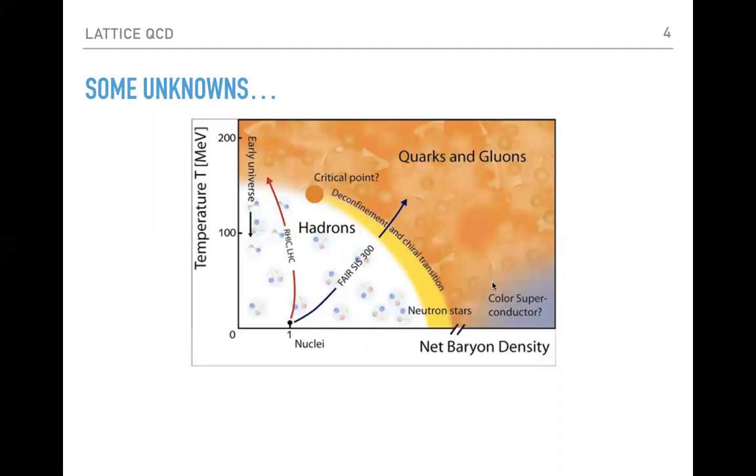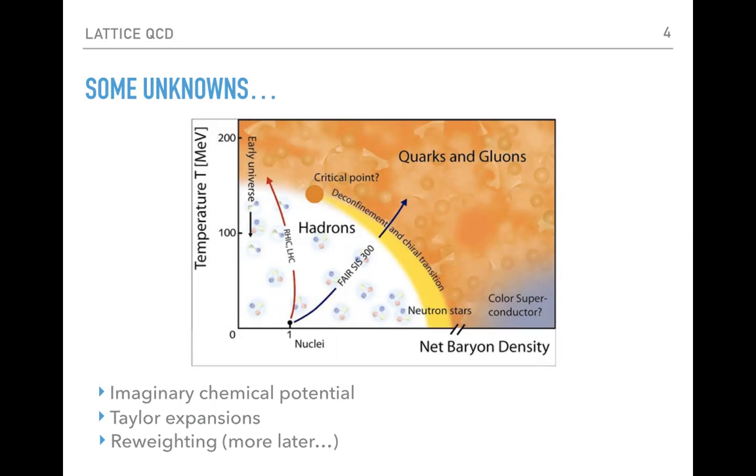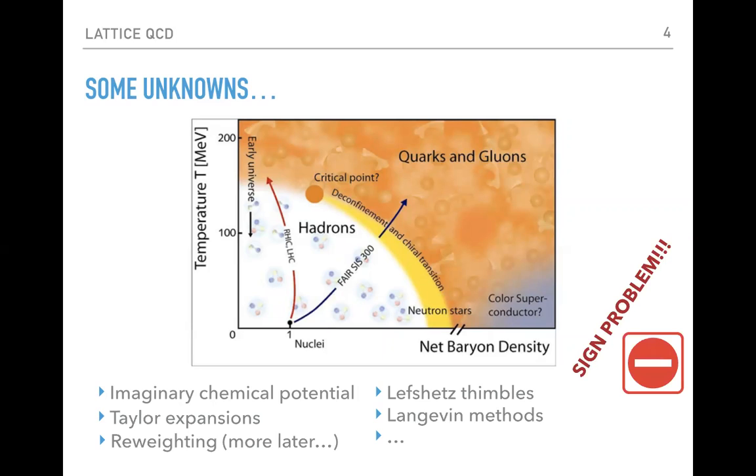People have come up with workarounds: imaginary chemical potential, Taylor expansions, reweighting, Lefschetz thimbles, Langevin methods, and a lot of other things. But ultimately, they are faced with the so-called sign problem. The idea in the next few slides is to explain why this appears and why it is a problem.